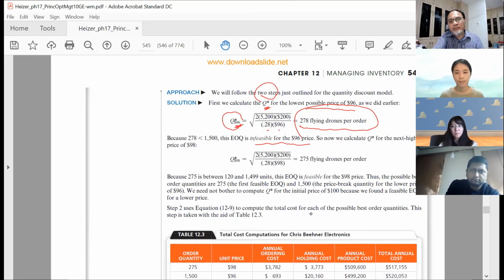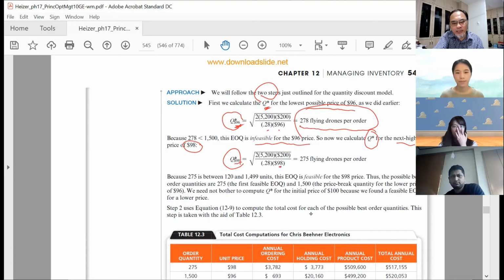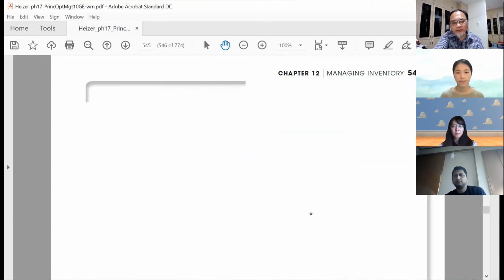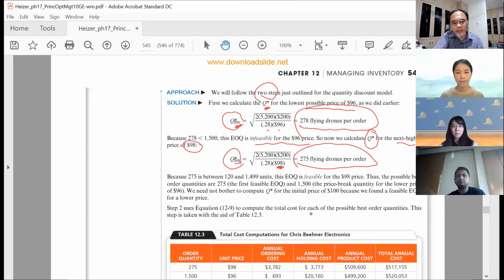So we need to calculate the next Q star, for the next higher level, which is $98. Q star for $98 is again 2 multiplied by demand times the ordering or setup cost, divided by the holding cost. In this case, instead of 96, we use 98, and we get 275 drones.